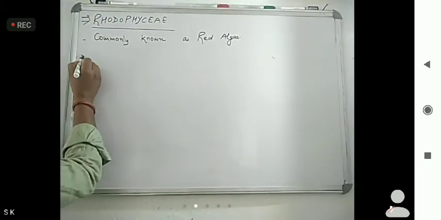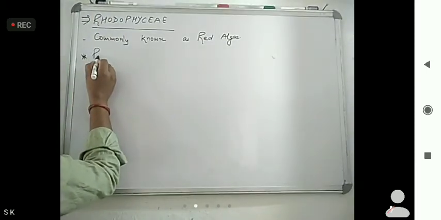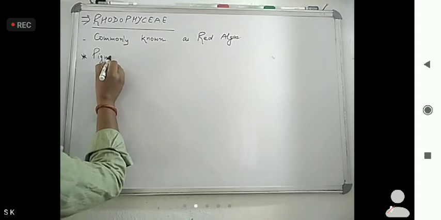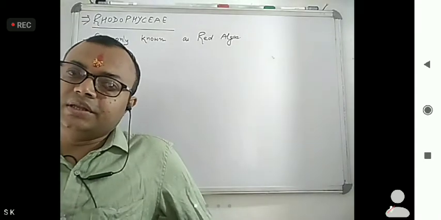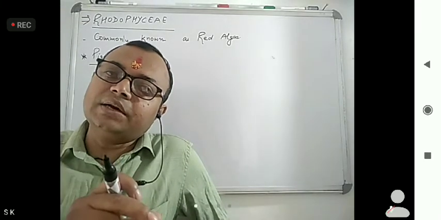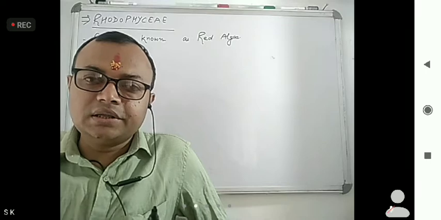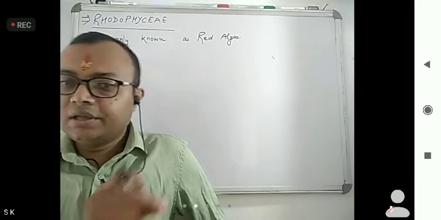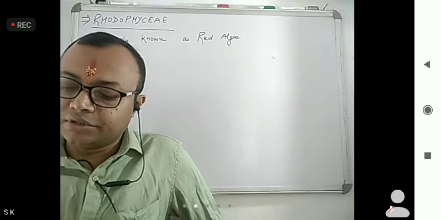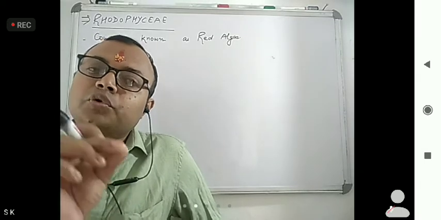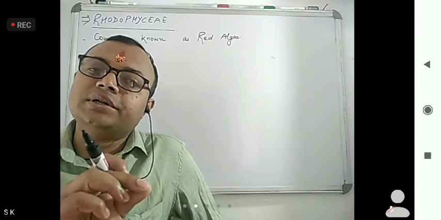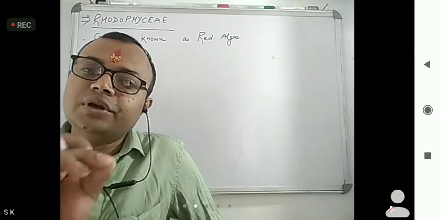Pigments present in Rhodophyceae. What we saw previously: chlorophyll a is contained in green algae and in brown algae. Here also in red algae, chlorophyll a, and one more important pigment is there, that is chlorophyll d.